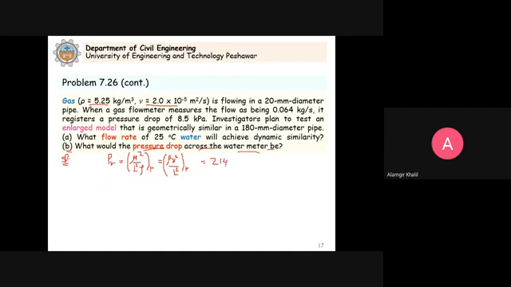Now, what would be the pressure drop? So let us assume this, that the delta PR, the pressure drop ratio, that is equal to the drop in pressure in the prototype divided by the drop in pressure in the model. This is equal to 214.